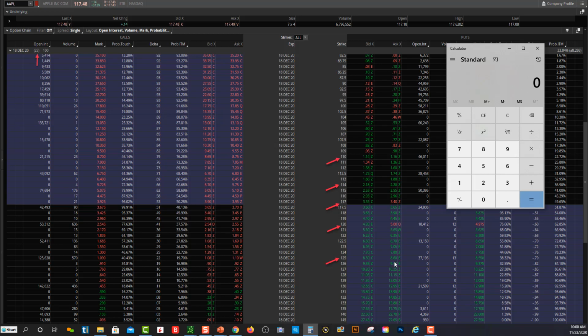Again, the more reliable the price of the stock is, the better the bid-ask spread is. So when you're trading highly liquid stocks, you can get tighter spreads and better fills. The less reputable companies have a wider spread, and it might be harder to get your fills, as well as how much liquidity there is, how much open interest. Again, you have to look at those factors as well.